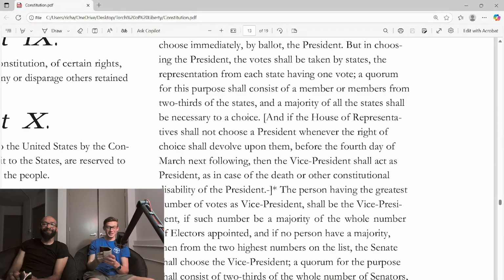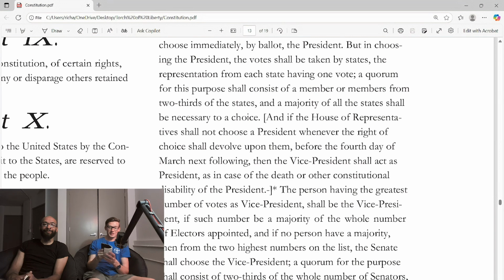But in choosing the president, the vote shall be taken by states, the representation from each state having one vote. A quorum for this purpose shall consist of a member or members from two-thirds of the states, and a majority of all the states shall be necessary to a choice.